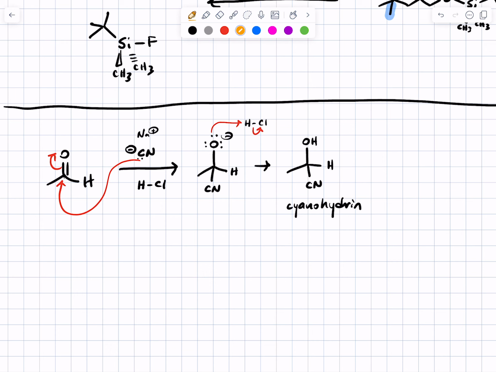Interestingly, if you're watching along, we just made a carbon-carbon bond, and carbon-carbon bond forming reactions are pretty useful in organic chemistry. But this is a classic illustration of a 1,2 type addition to a carbonyl compound, where the nucleophile gets attached to the carbonyl carbon and then the oxygen gets the hydrogen.